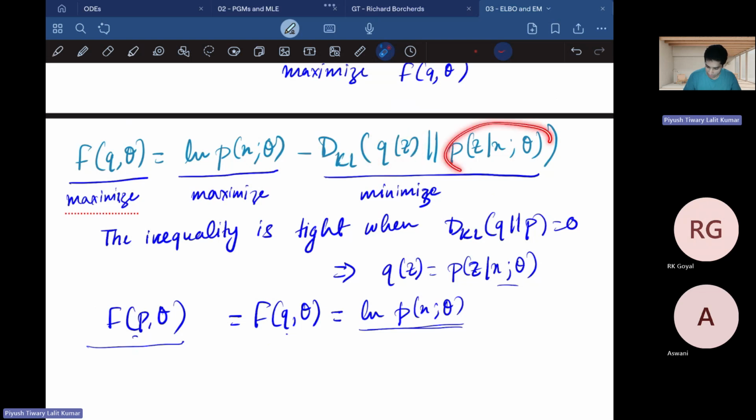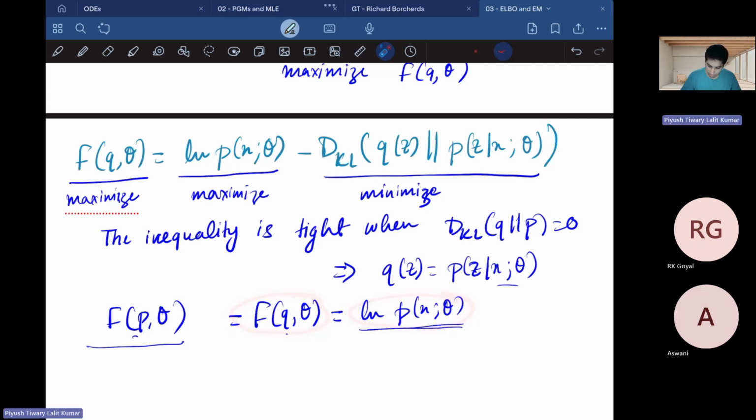And this term actually depends on the value of Q. So if your Q is exactly equal to this thing, for a moment, let's think that we keep theta constant. We are not changing theta. We are just looking at Q. So if your theta is fixed and if you substitute Q to be exactly this quantity, your ELBO becomes equal to your log likelihood, right?